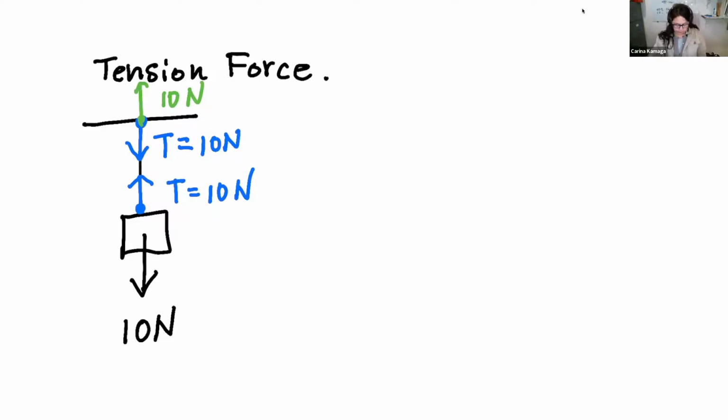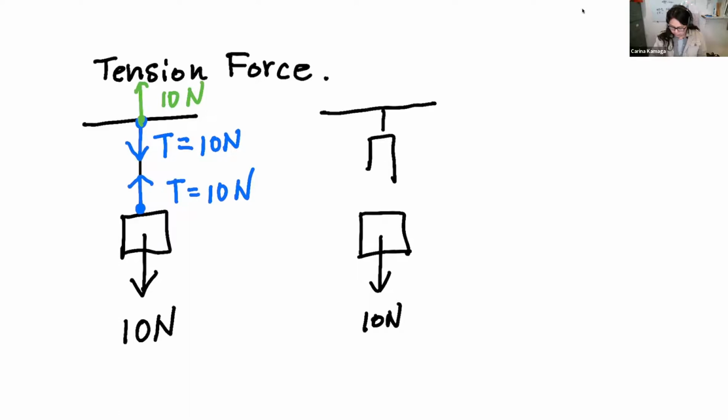So let's see. What if I have this 10 Newton object, right? I put a scale. What does this read? This scale will read 10 Newton.